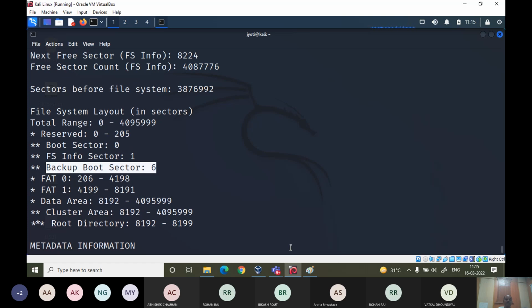But if somehow the boot sector is totally damaged, then there is no way. You have to either reformat the disk, or check for consistency and repair it. While repairing the file system, not the disk, it will just copy the information from the backup boot sector to your real boot sector, and then your disk will be usable again.